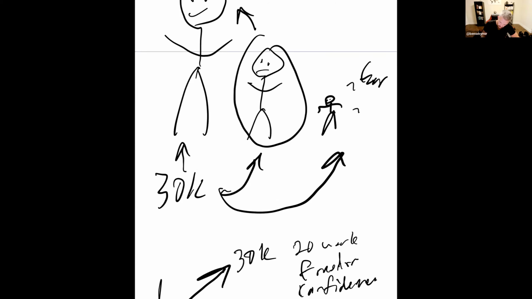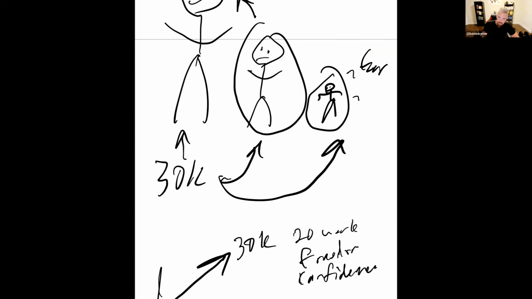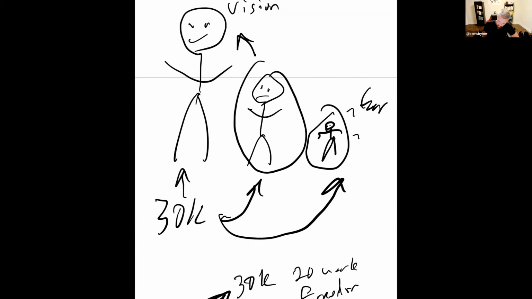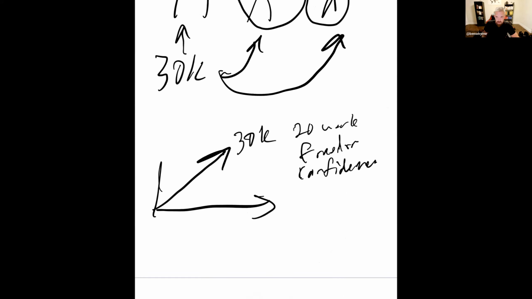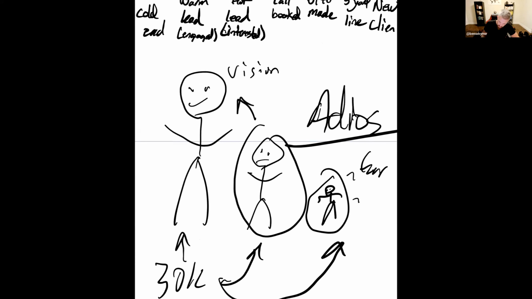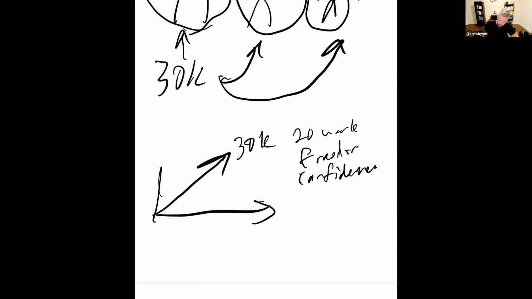What do we got to do? This version of you right here, this tiny little gremlin who's living in fear, we have to give ourselves permission to say, adios, bitch. We give ourselves permission to step into this version of you right here.